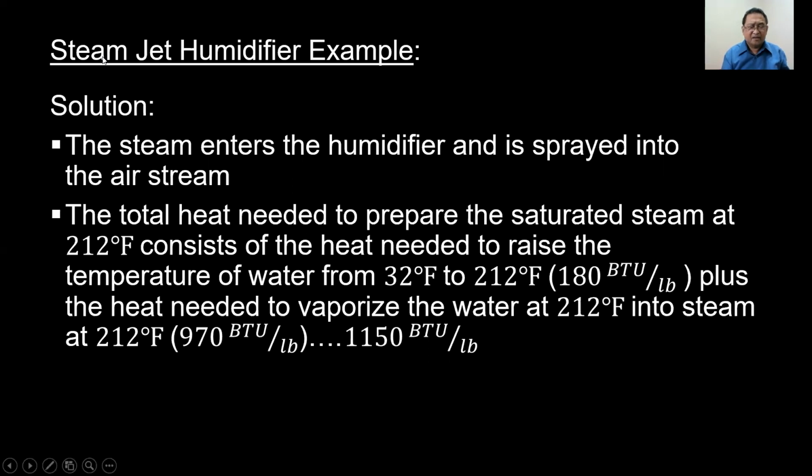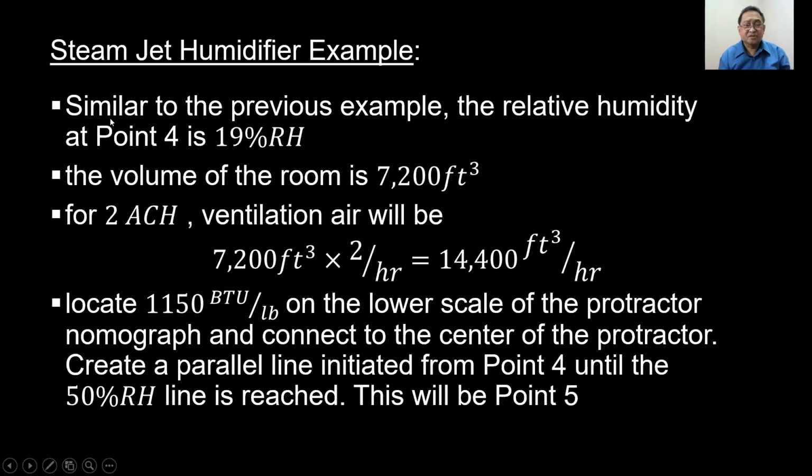Plus, you need to add the heat needed to vaporize the water at 212 Fahrenheit into steam at the same temperature of 212 Fahrenheit. So it's 970 BTU per pound. So the total will be 1,150 BTU per pound. Similar to the previous example, the relative humidity at 0.4 is 19% RH.